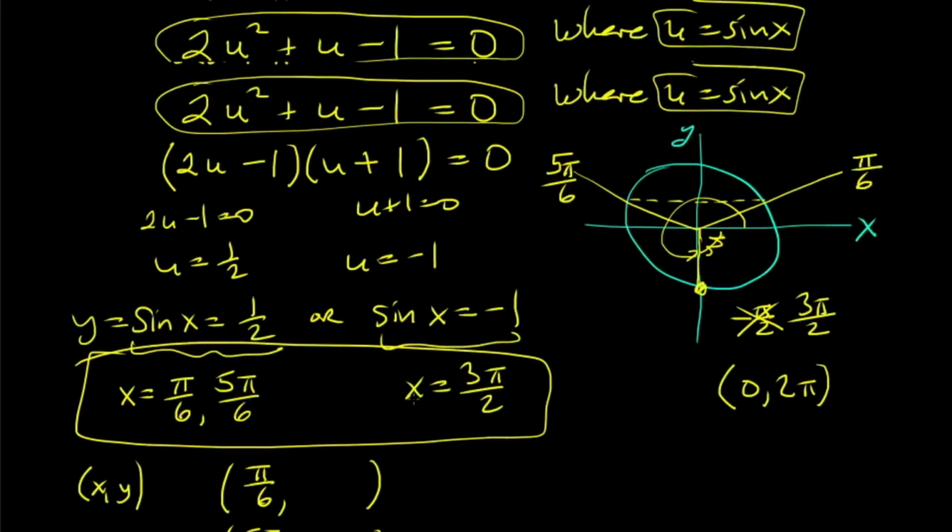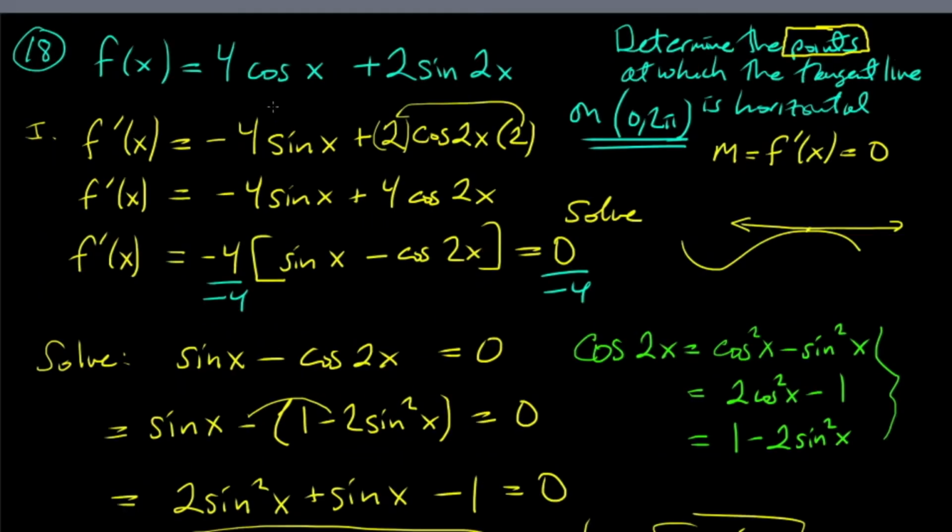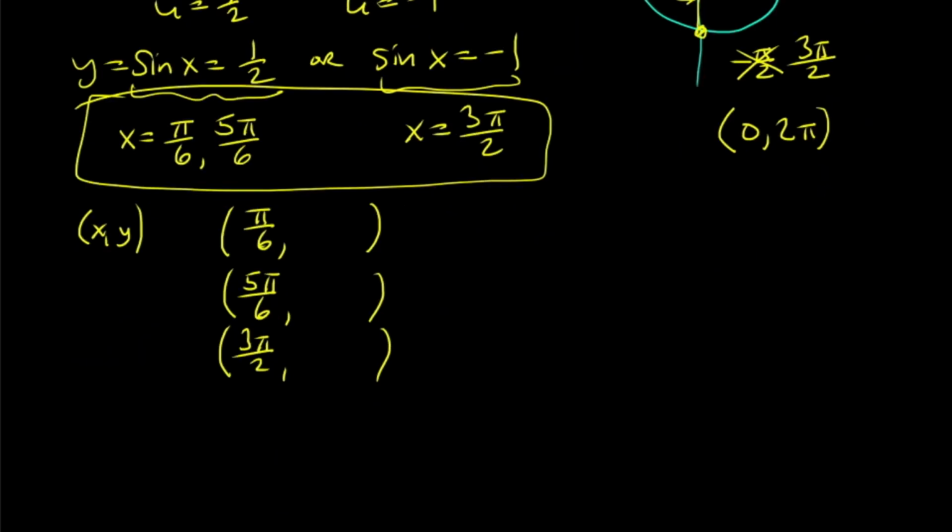To get the y values, we have to go back to the original function. So let me remind you what the original function was. It was 4 cosine x plus 2 sine 2x. And we could have simplified this, or used the double angle formula here, but not necessary.